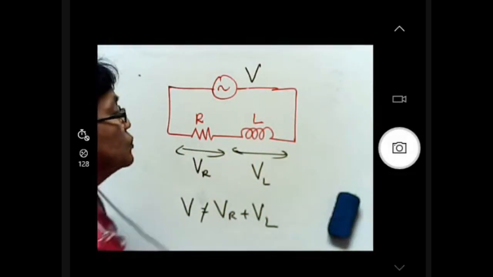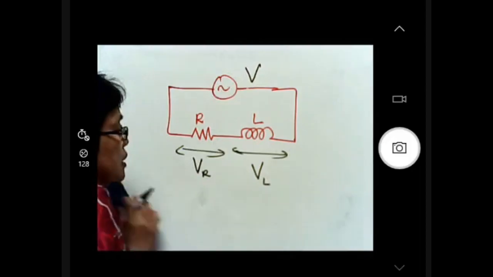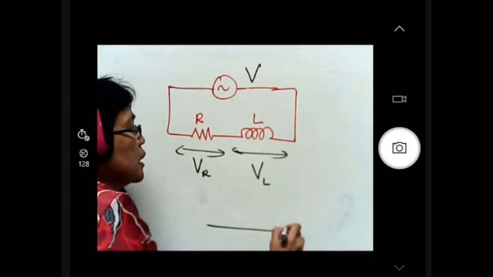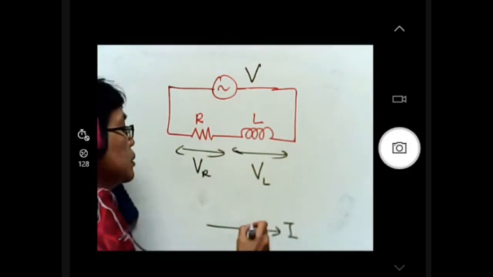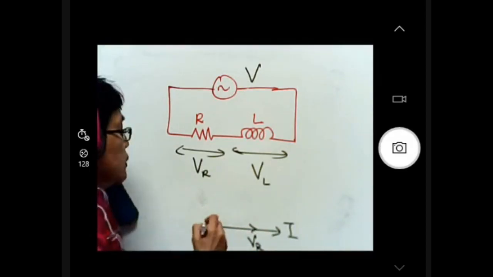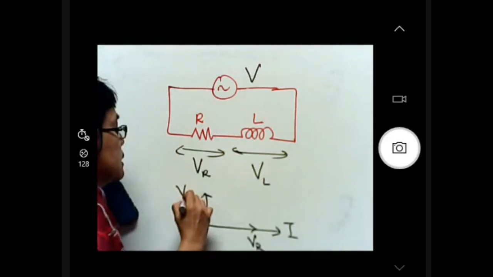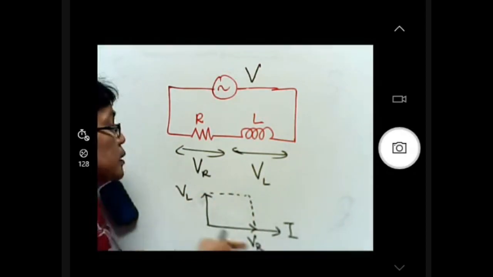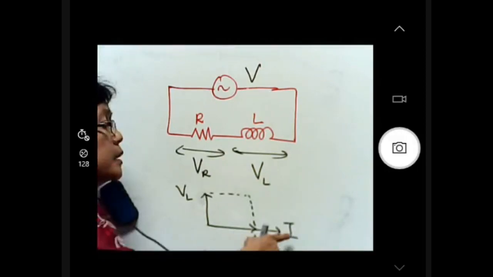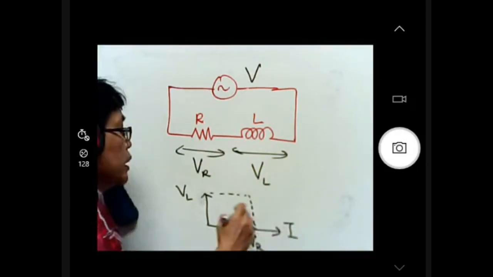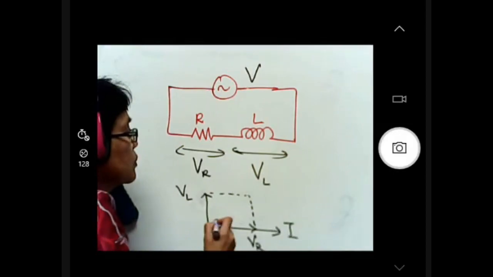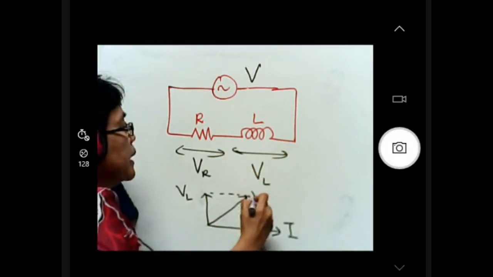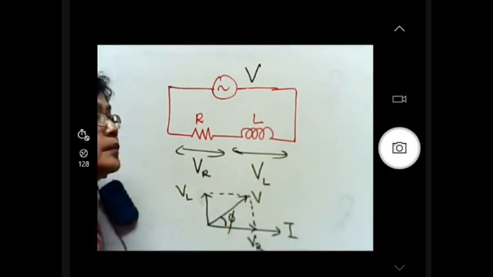That's why in the phasor diagram, if you take current as the reference, your voltage across the resistor will sit here, then the voltage across the inductor will sit here. So you do a parallelogram between the voltages, not with the current. The source voltage will be here, and the phase angle will be here.